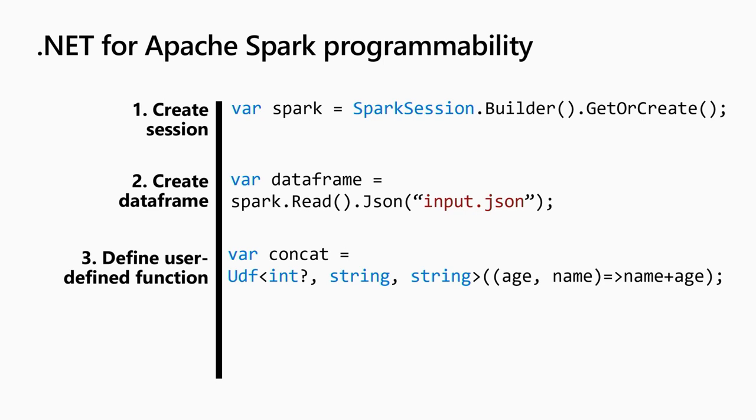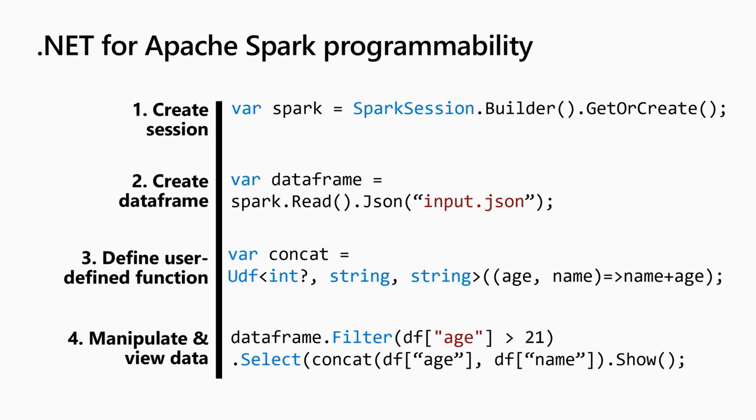So it's a very easy way of taking a lambda expression or a C# function and registering it as a user-defined function, which means you can use it either inside your data frame query expressions or inside a Spark SQL command that you apply on the data frame.